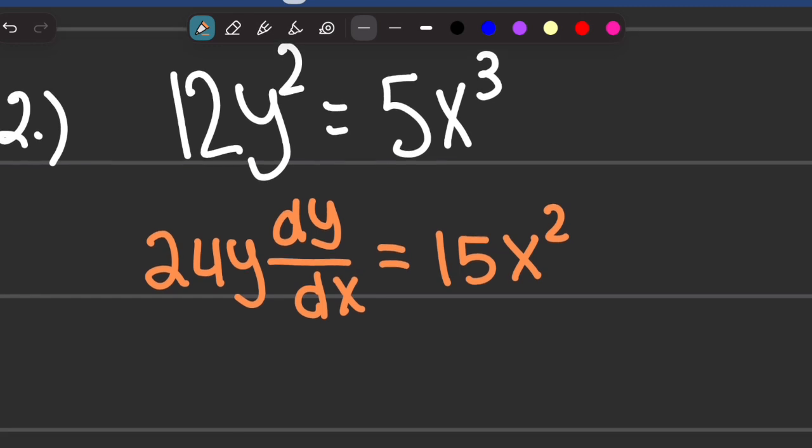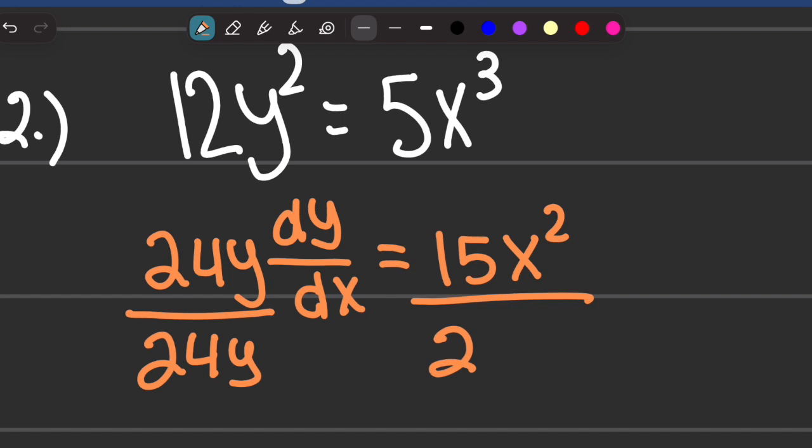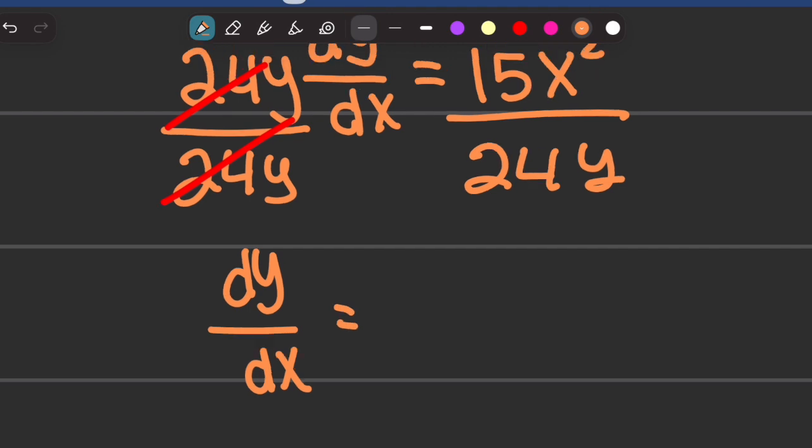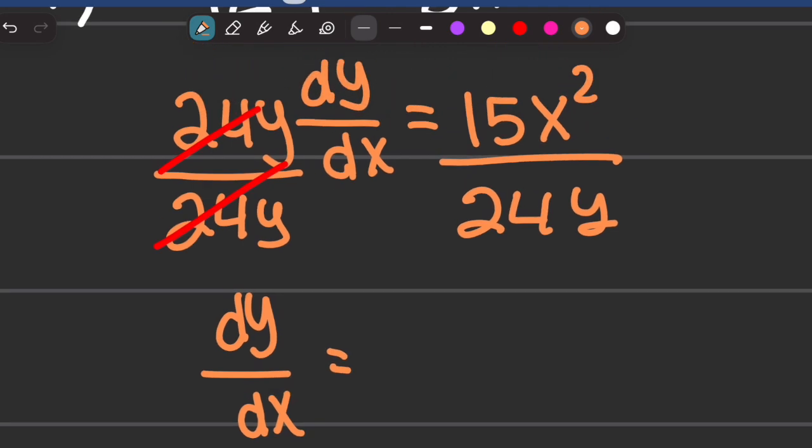And now we have something very similar to what we had before, where we need to isolate dy over dx, and we can do so by dividing both sides by 24y to get dy over dx by itself. So now these are going to cancel, and I am left with dy over dx equals 15x squared over 24y.